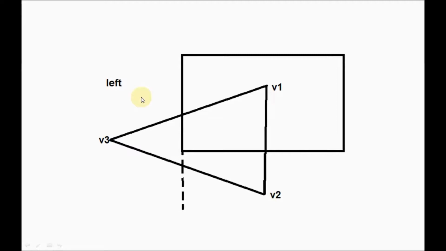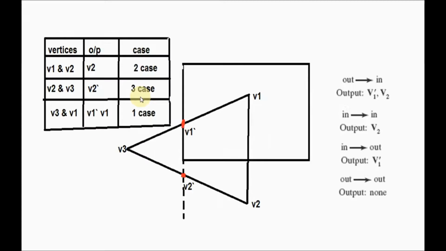Now I will start the clipping from the left side. Very simple. Let me start with the vertices V1 and V2. I already told you I extended the clipping window. When I extend the clipping window, V2 is also inside the clipping window.